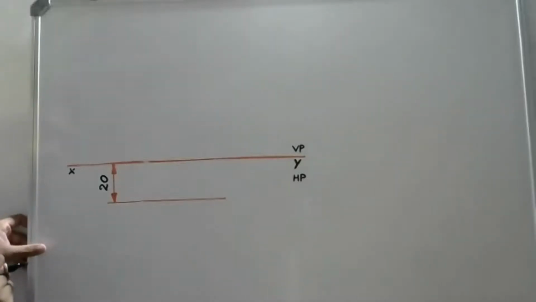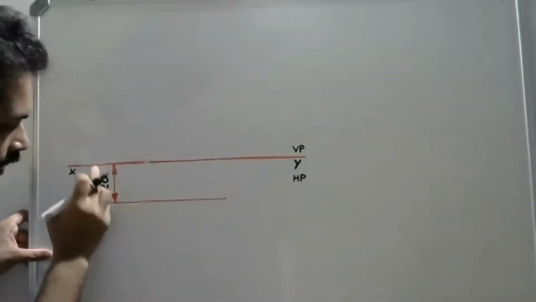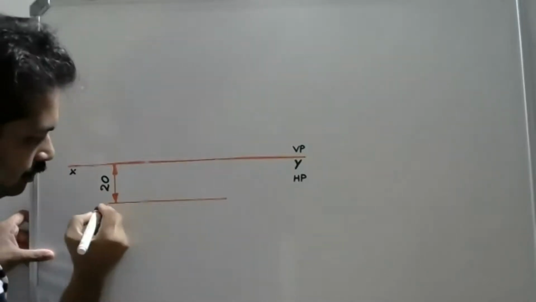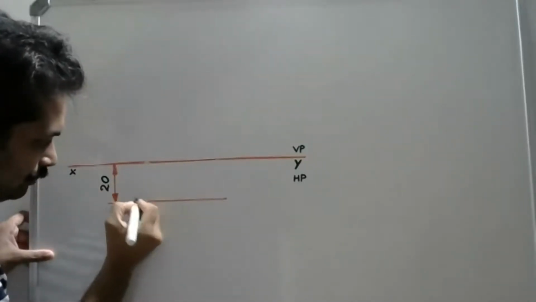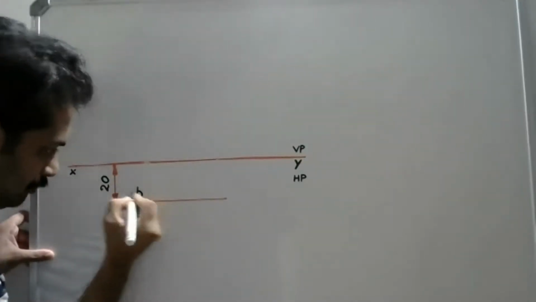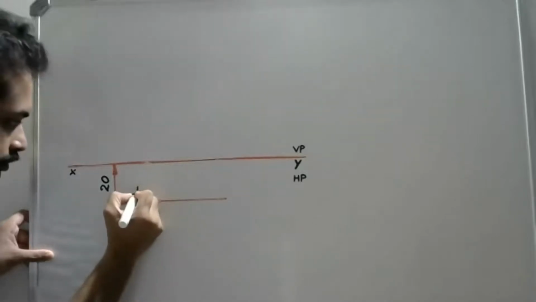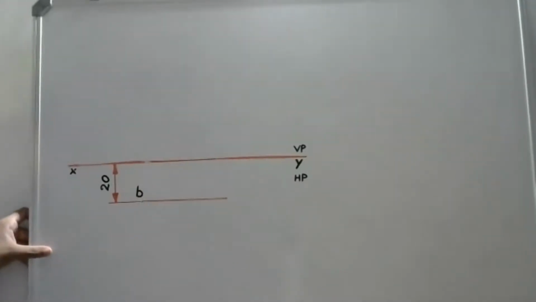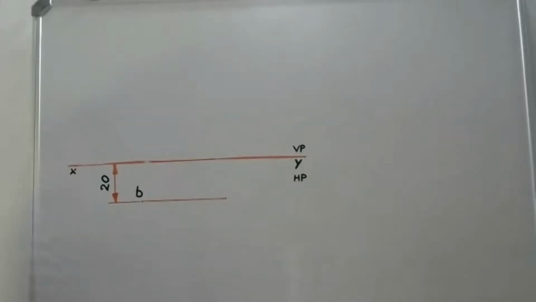Then, as per our BIS rule, we can dimension it. The first point we can name B. So we are naming our square base ABCD in the clockwise direction using small letters.